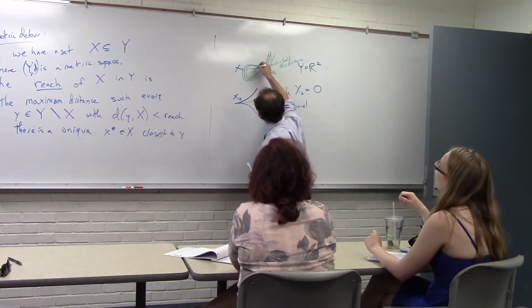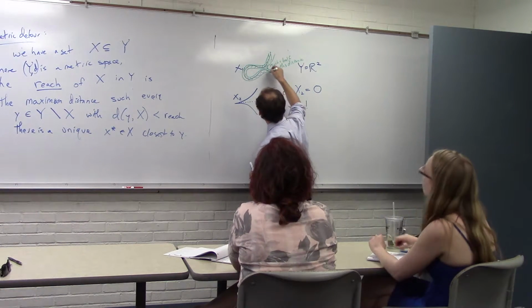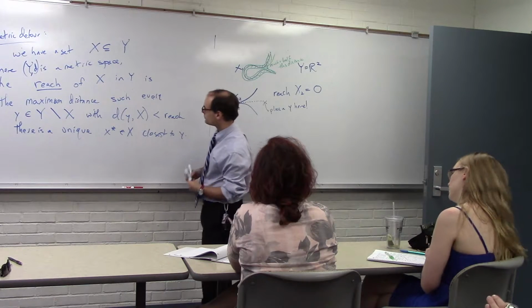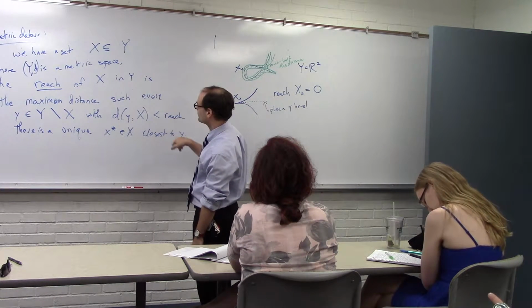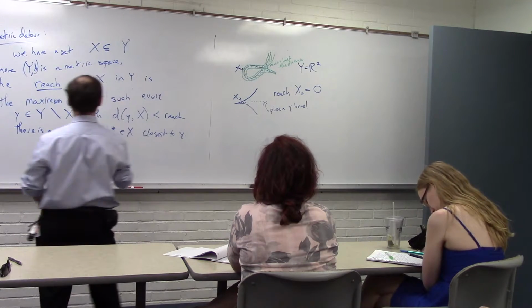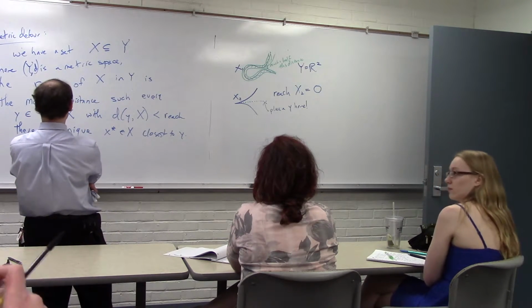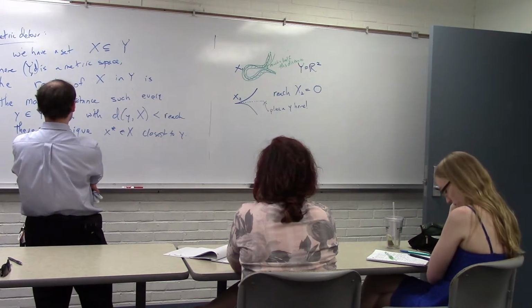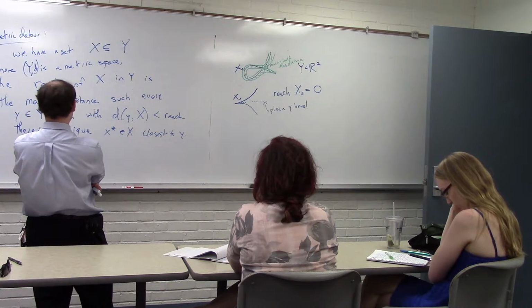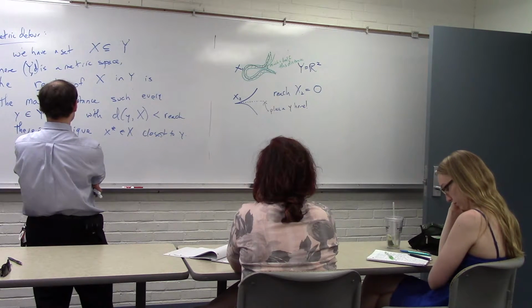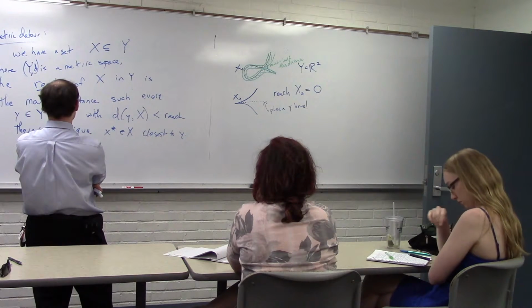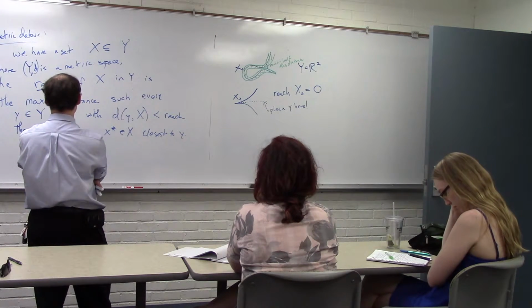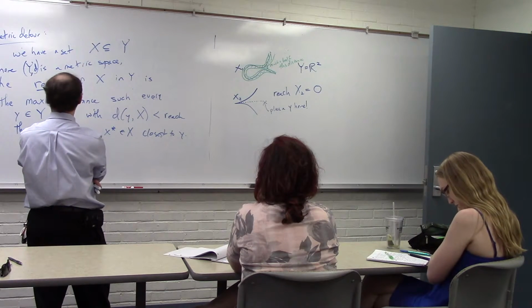Within this region, yes. I think what Chris is saying is that it should be for all, instead of there exists. Let's see here. Oh, I got it backwards. So it is the maximum distance such that for all. Because if you say there exists, there are many possible reaches.